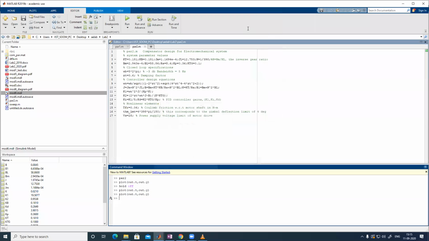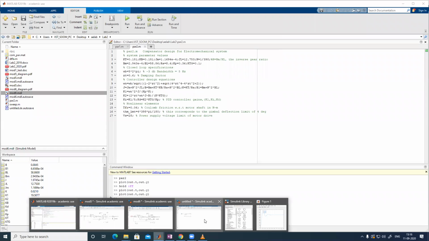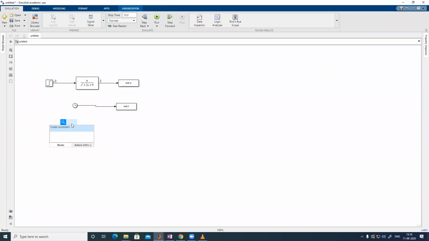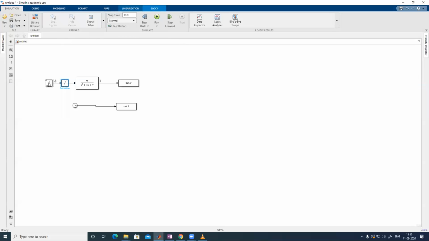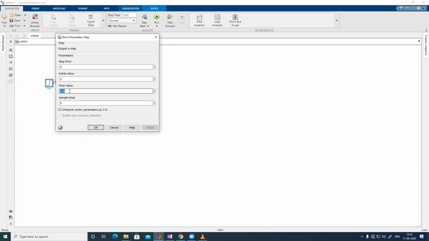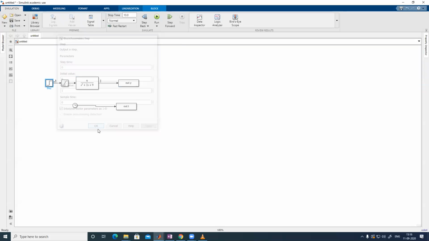If it is a non-linear system, now I am adding a non-linearity called saturation. I am adding the saturation in between, with an upper limit of 10. The lower limit doesn't matter since it is a step input. I am giving 1 volt, and the step response will be the same as earlier.